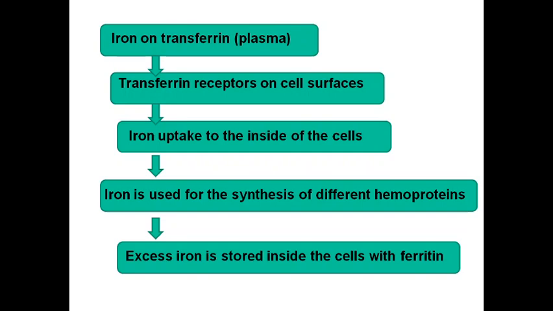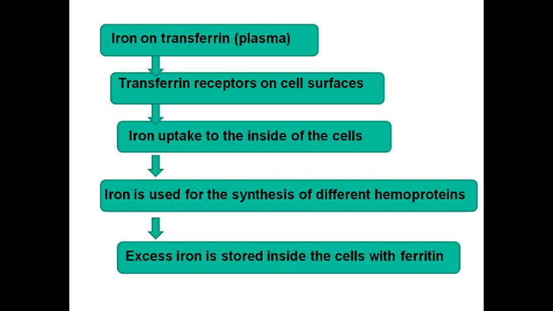So we can summarize iron absorption in this diagram, where iron, when it is absorbed or released into the plasma, will be bound to transferrin, where by the help of transferrin receptors, it will be internalized to the different tissue cells, where iron is taken up to the inside of the cells.